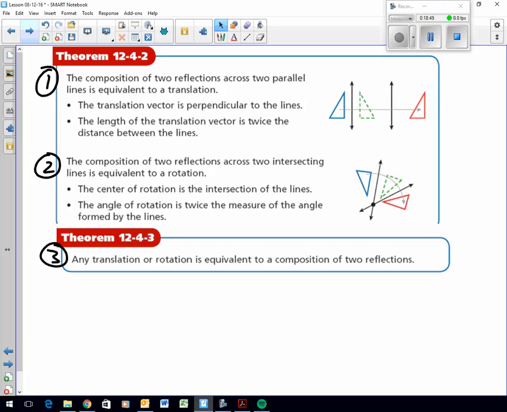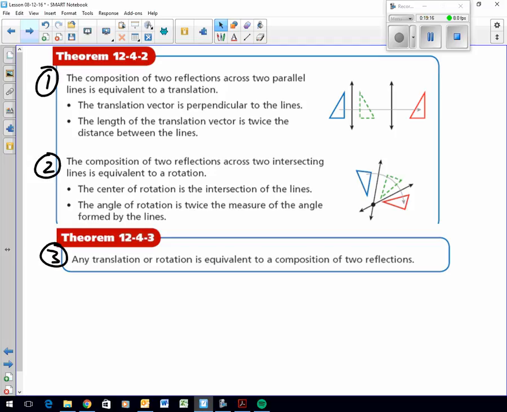I reflect the blue triangle across to the green triangle, and then I reflect the green triangle across to the red triangle. 2 reflections, right? Blue to green, green to red. Well, that's the same thing as if I had started with blue and slid it all the way to the red.